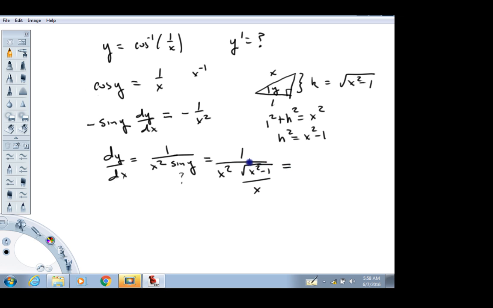And remember the old saying about dividing by a fraction, that's the same as multiplying by its reciprocal. So basically these x's cancel. So this gives us 1 over x root x squared minus 1. And this is done. There's dy dx for this function.